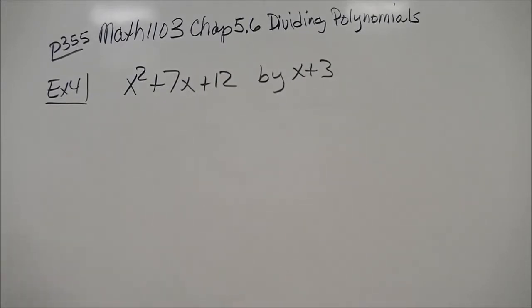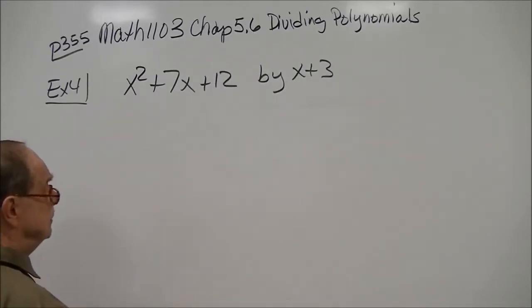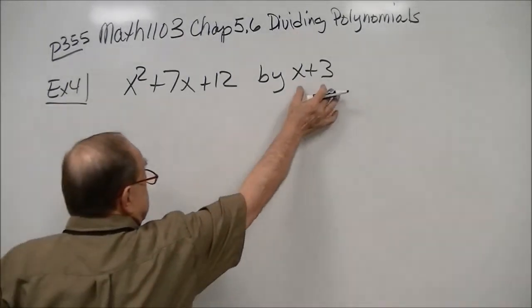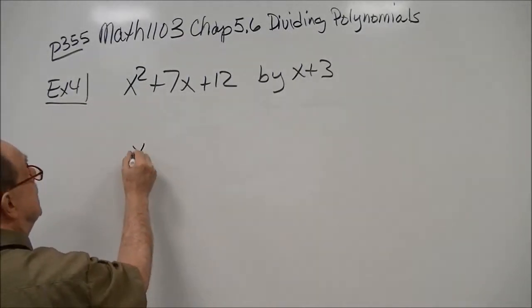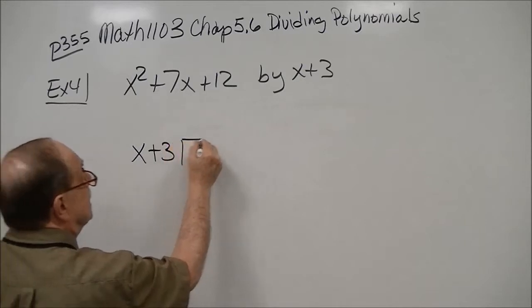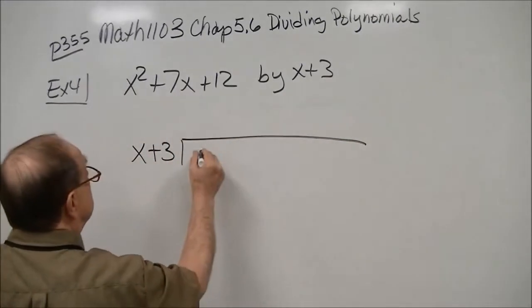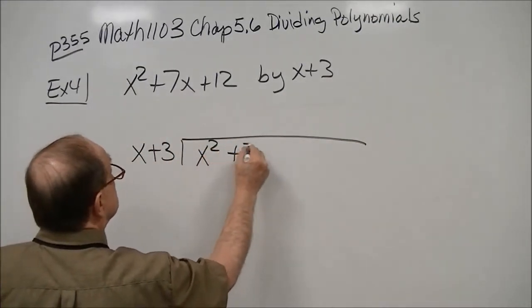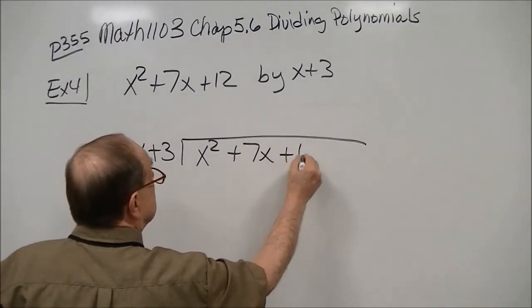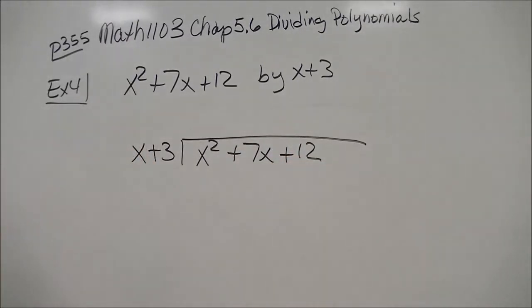Okay, now we're going to start this off real easy. We're going to use what is called long division, which is, this is what's on the outside, x plus 3, divided into what we have here. Now I will be showing you a technique here, and hopefully that's what will carry you through and get the right answers.